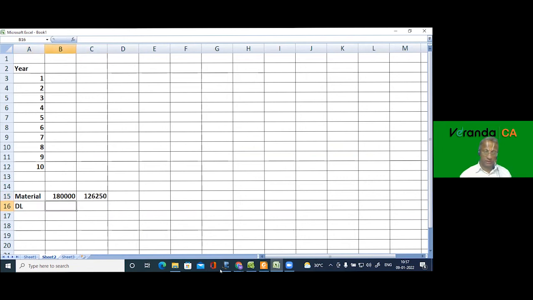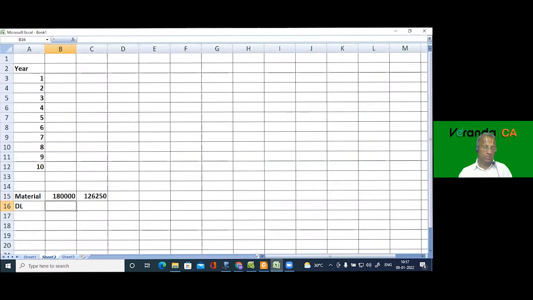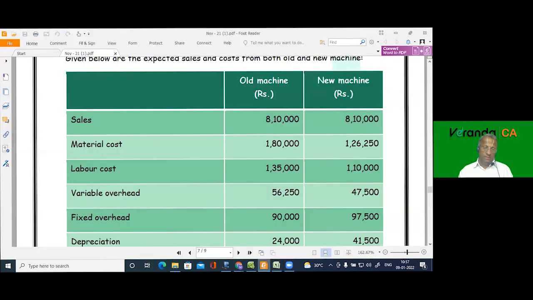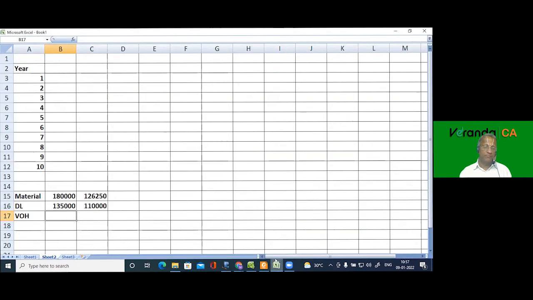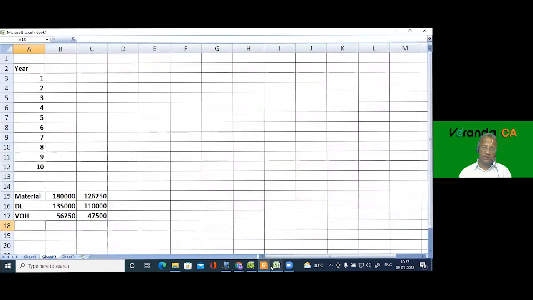Direct labor 1,35,000 and 1,10,000. Variable overheads 56,250 and 47,500. Fixed overhead also changes: 90,000 and 97,500.